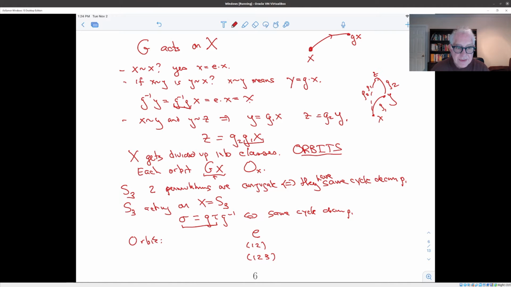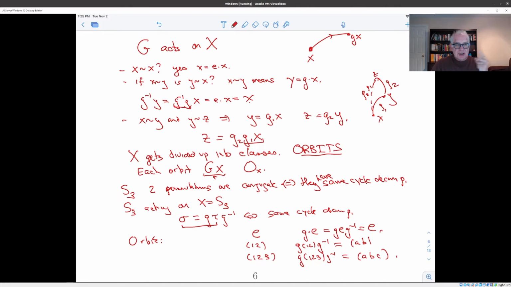And if you think about how S3 acts on this, if you conjugate the identity element, you only get the identity element. If you conjugate a transposition, then you only get another transposition, and there are 3 of those. And if you conjugate the 3-cycles, you get the other 3-cycle, and there's really only 1 of those. I mean, there are 2 total.